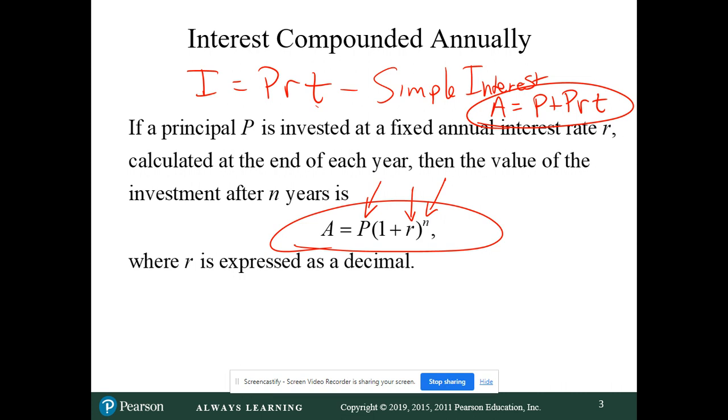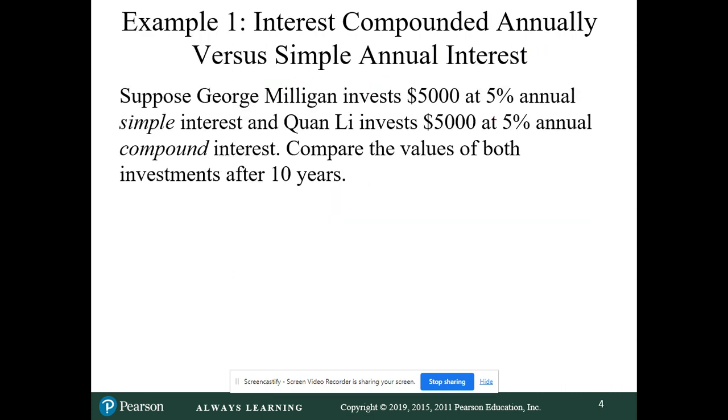All right. So, suppose George Milligan invests $5,000 at 5% annual simple interest, and Quan Lee invests $5,000 at 5% annual compound interest. How much will each of them have after 10 years? Okay, simple interest. The amount equals the principal plus the principal times the rate times the time.